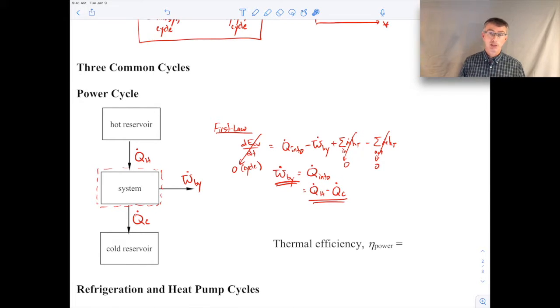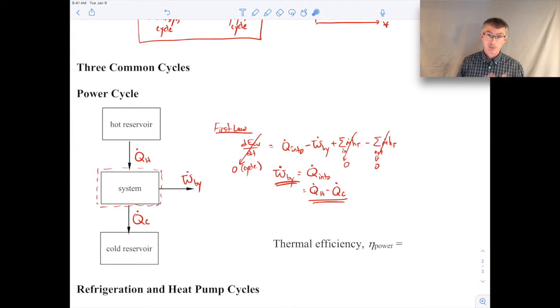So just from our first law analysis, we'll see that for any power cycle, it doesn't matter whether it's a power plant, an internal combustion engine, whatever, or what kind of power plant it is, the power that we can get out of that cycle will be equal to the rate at which heat comes into it minus the rate at which heat comes out of it.